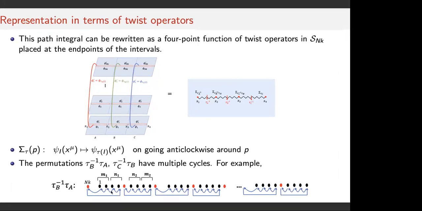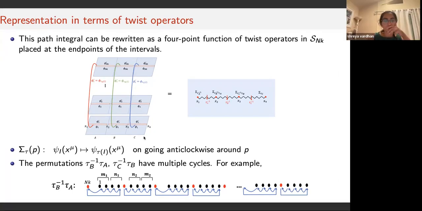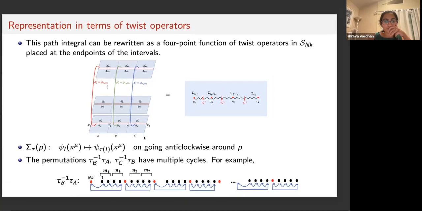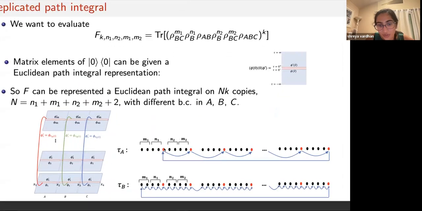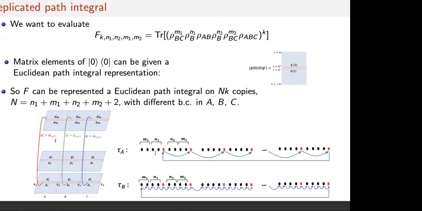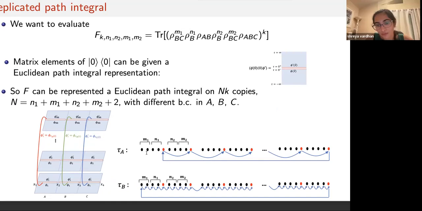I can just read it off here, but you've written it in this form, how do I quickly get this? It's not very quick. You basically need to compose tau B inverse here with tau A. Okay, so you just follow the cycle.